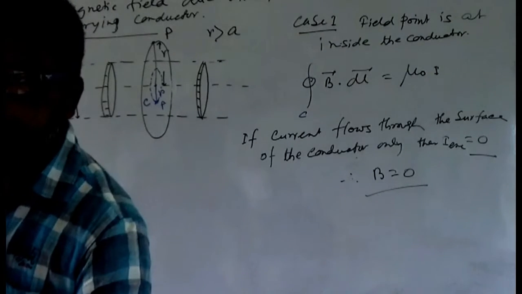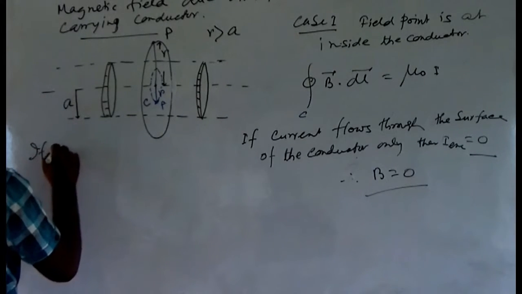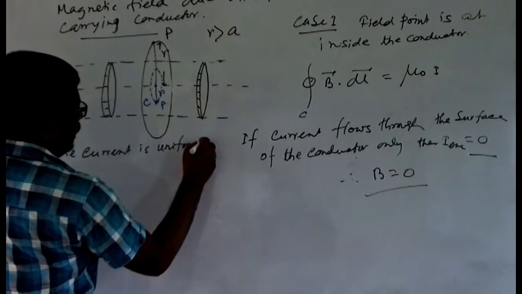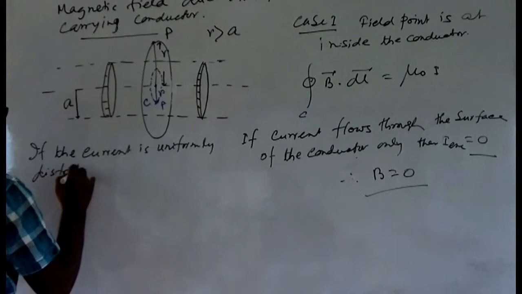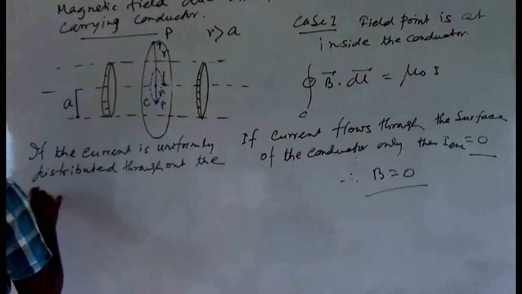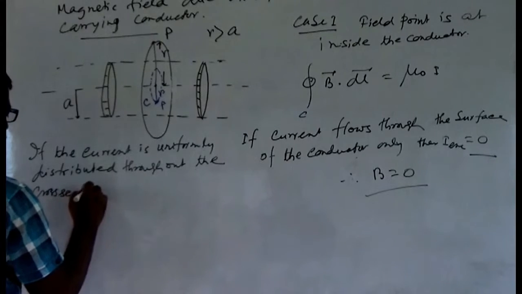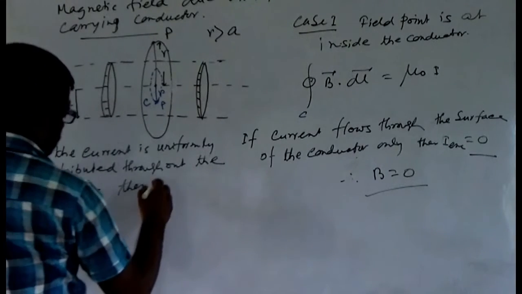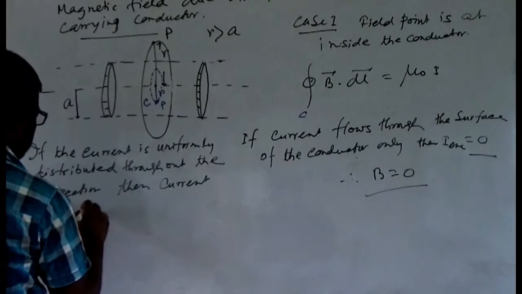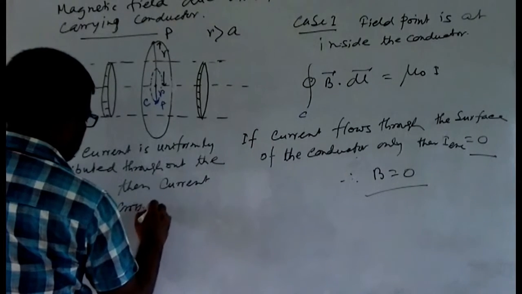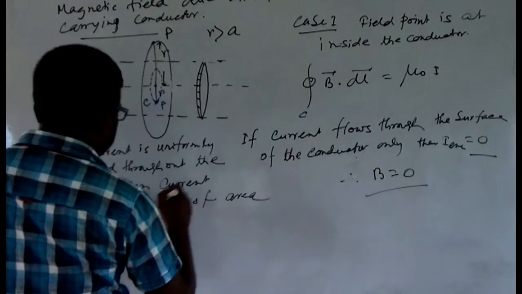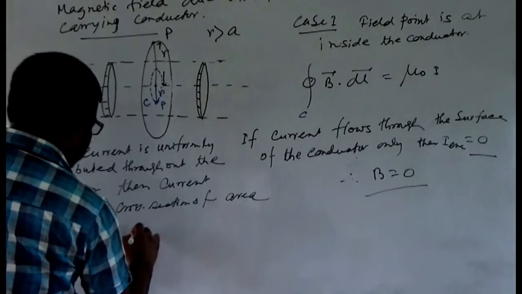If the current is uniformly distributed throughout the cross section, then the current through the cross section of area pi r square is I dash, equal to what?